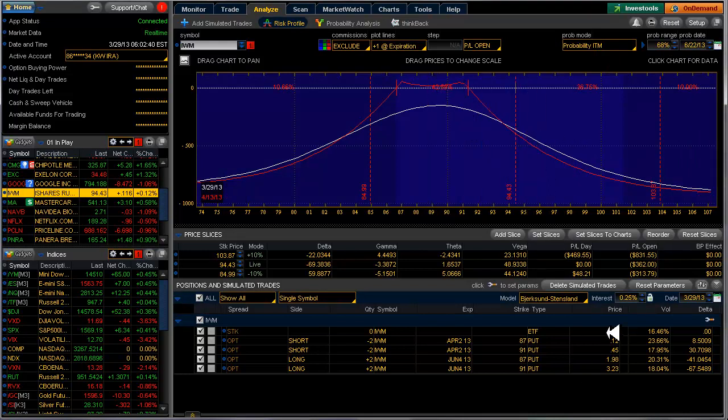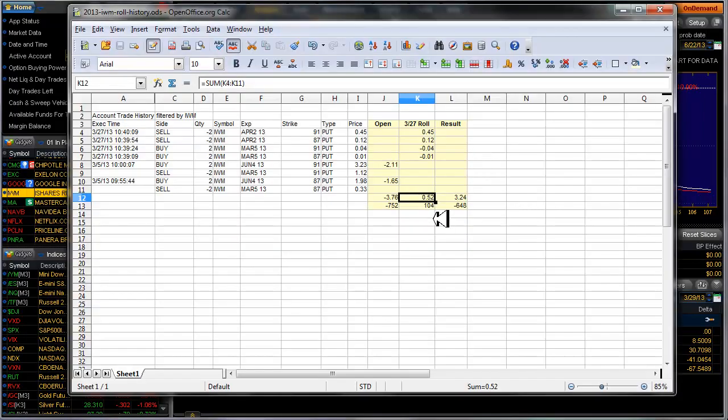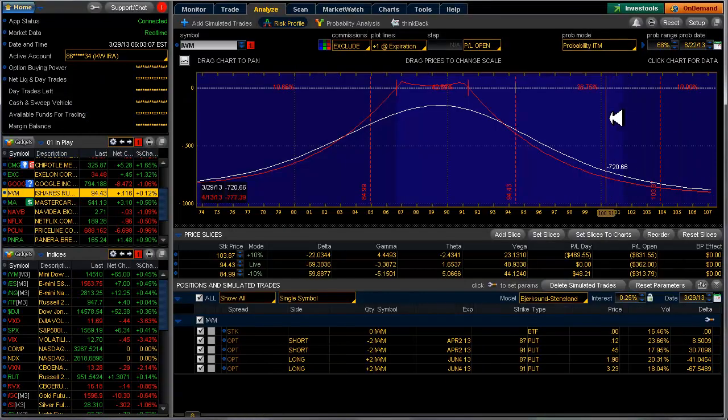Now, if volatility decreases, I'll be losing even more money, but still the max that I could lose, even though it says here 886, but because I don't have those former trades, and thanks Bob for bringing that up, the max I can lose is 648. So in that respect, the risk profile is incorrect because it doesn't include the roll.